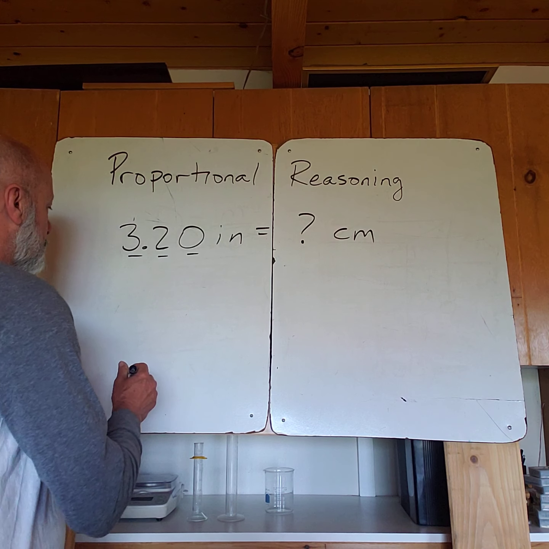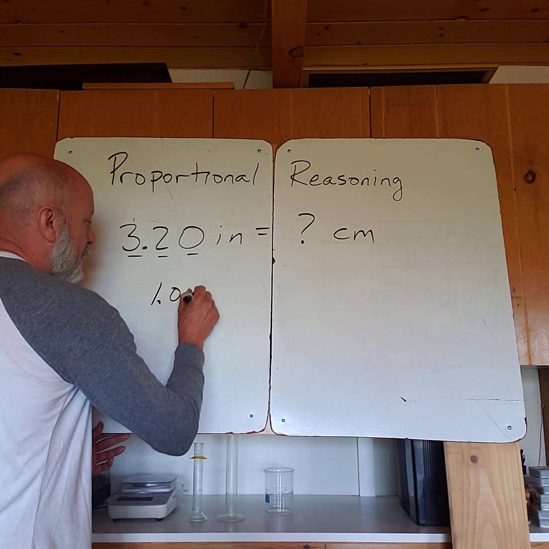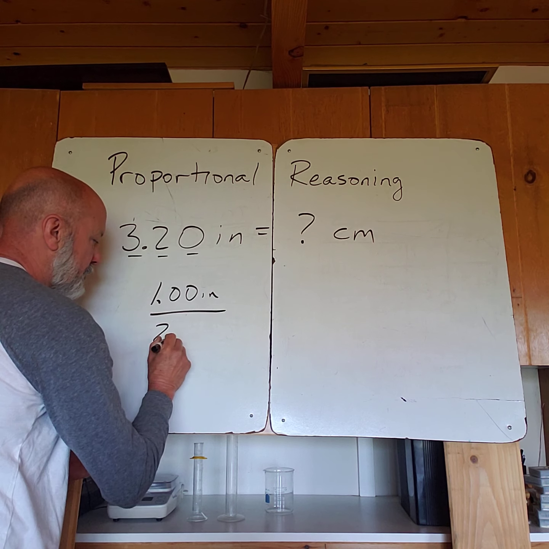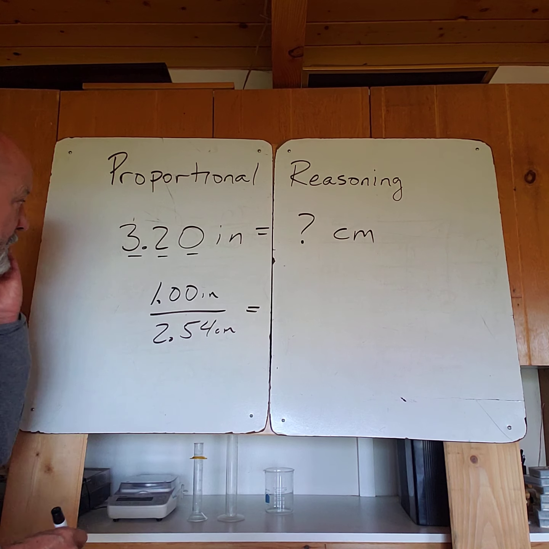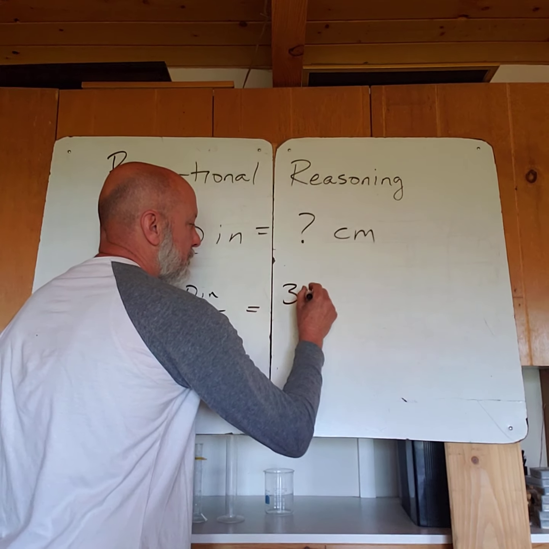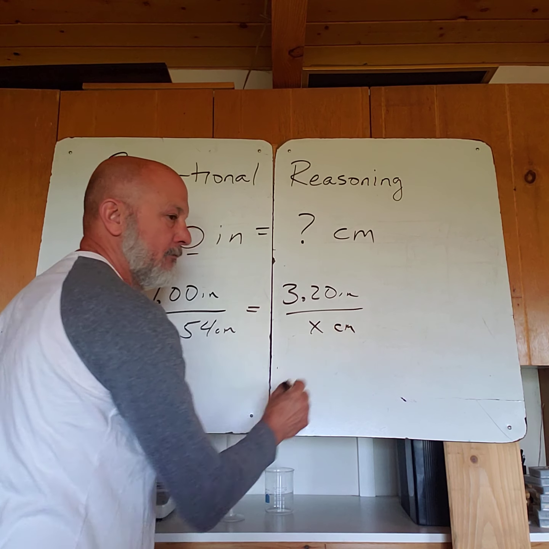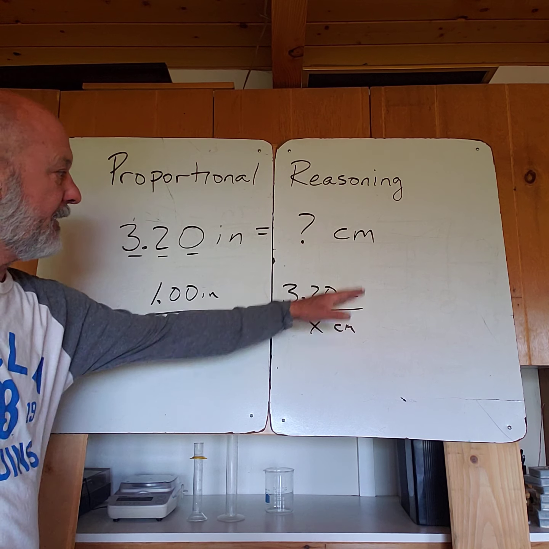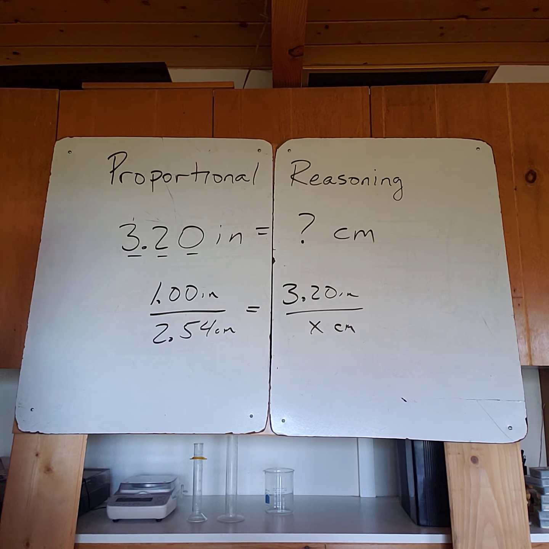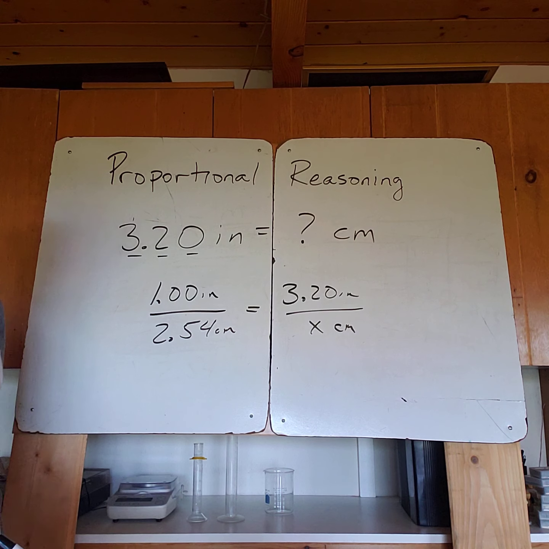So let's do this as a proportion. 1.00 inch is to 2.54 centimeters as 3.20 inches is to x centimeters. When I multiply that through, I can see I'm really getting the same answer, right? It's 2.54 times 3.20, which rounded comes to 8.13.